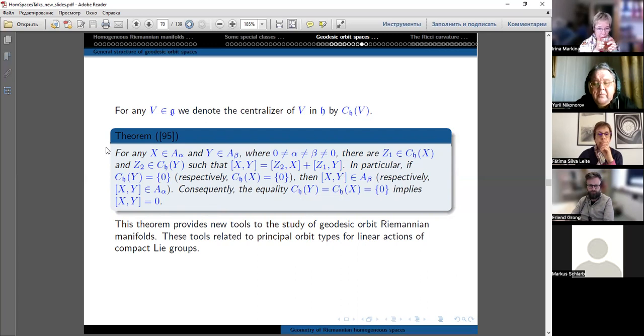This theorem provides new tools in the study of geodesic orbit Riemannian manifolds.